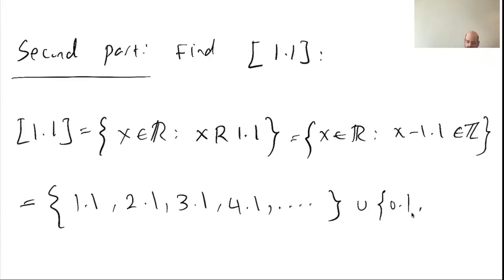Or let's say, if I add minus 1 to this, I'll get this. If I add minus 2 to this, I'll get minus 0.9. Minus 0.9 minus 1.1, that's also an integer. Or I can add another minus 1 to this, so minus 1.9, minus 2.9.